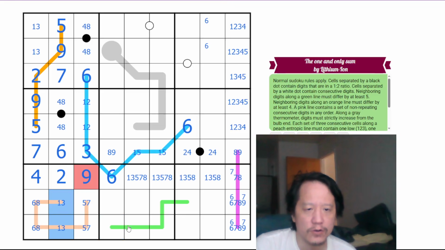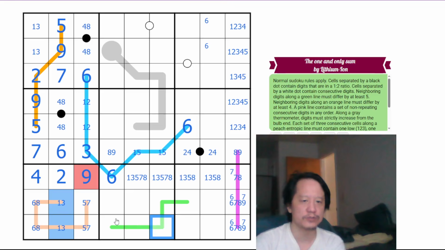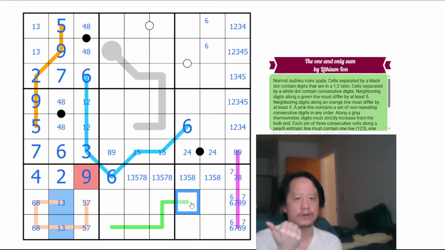Can we have low, high, low, high, low, is what I'm thinking. If that's the case, we could have 3 lows here, and we could have 2 highs. The 2 highs would be at most 8 and 9, which is 17. And the 2 lows here can be at most 3 and 4, and then we could have a 4 there.